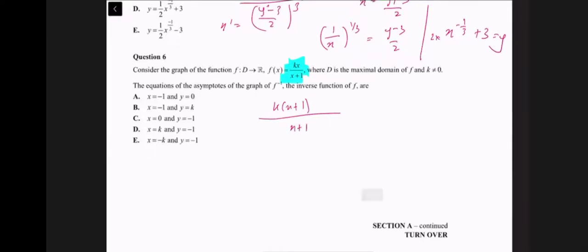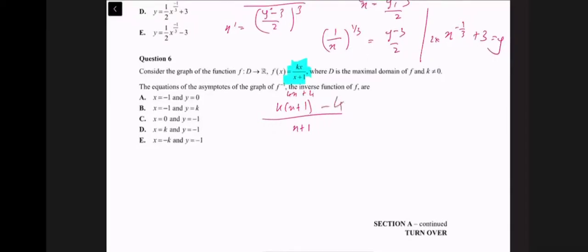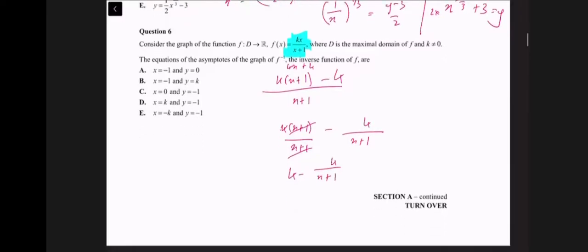If we expand this, we'd get kx plus k, but we don't want the k, so we take away a k. Then we split the numerator, so we do kx plus k over x plus 1, minus k over x plus 1. And this simplifies to k minus k on x plus 1. So the asymptotes of f(x) would be y equals k and x equals minus 1.